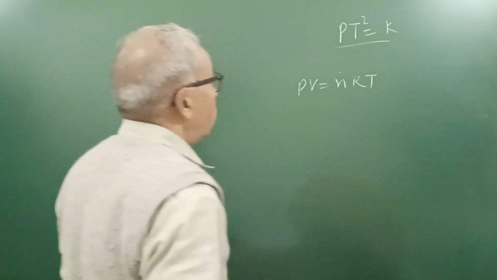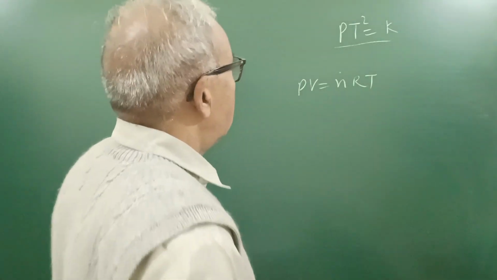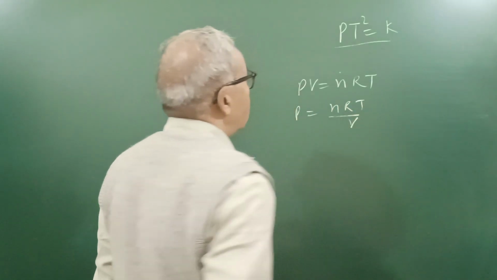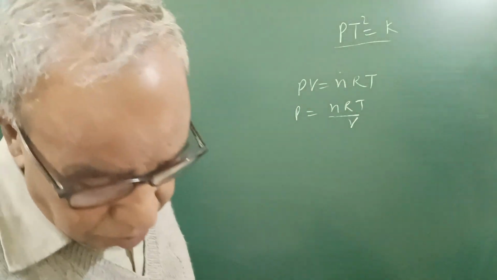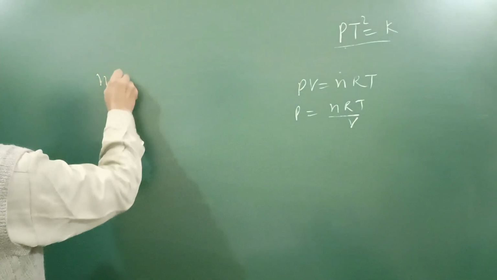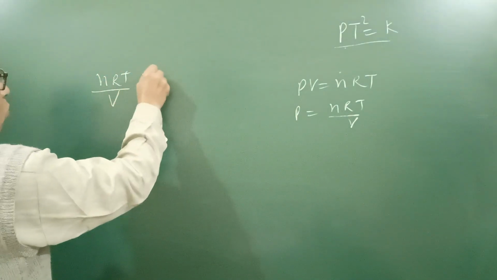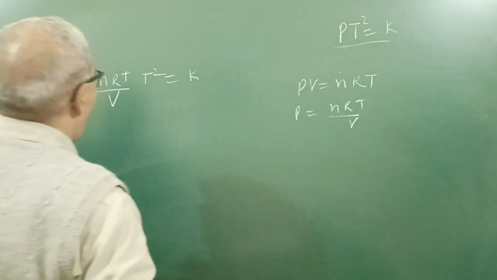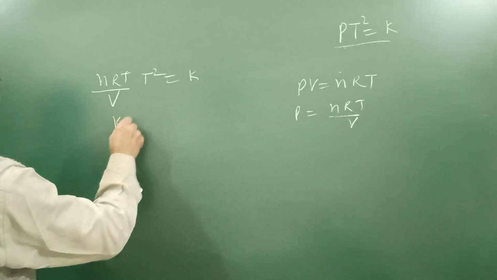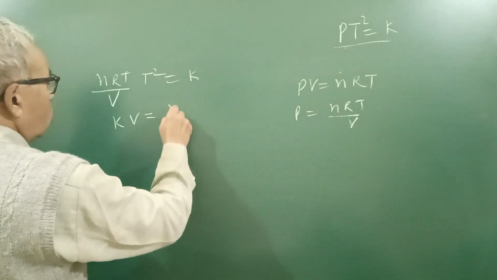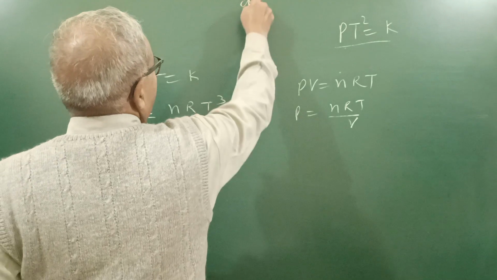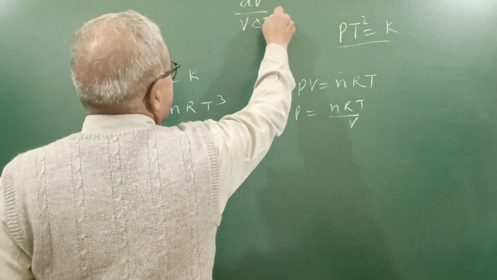From here, P is equal to nRT upon V. Putting this value in this equation, nRT upon V into T square equal to K, or K into V is equal to nRT cube. We need dV over V into delta T.